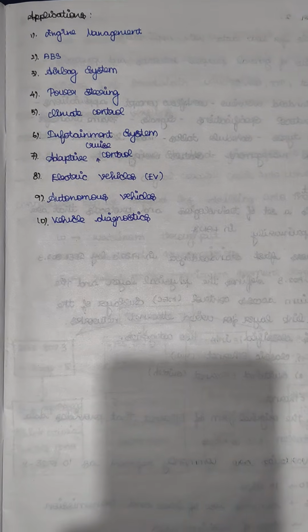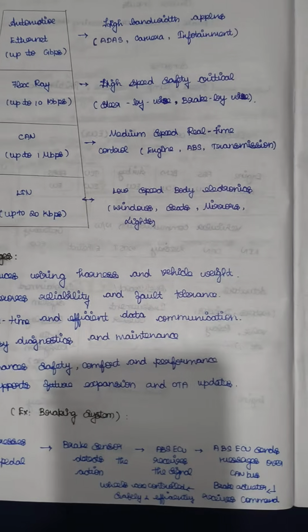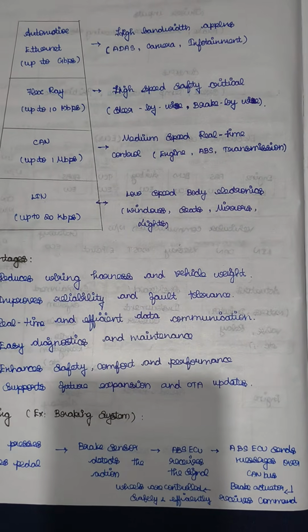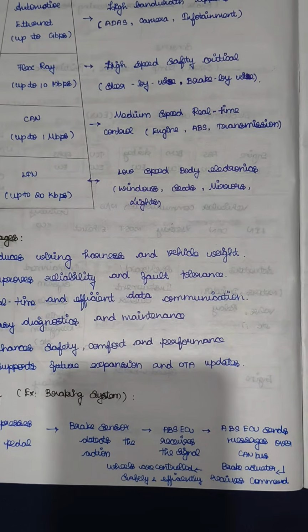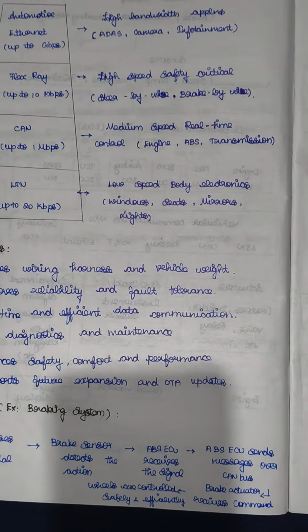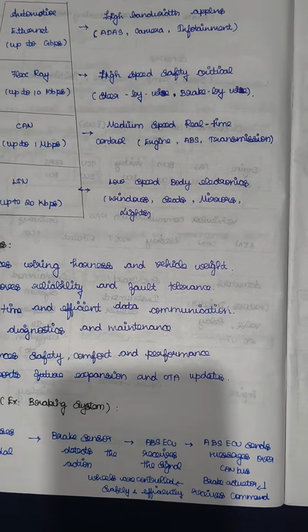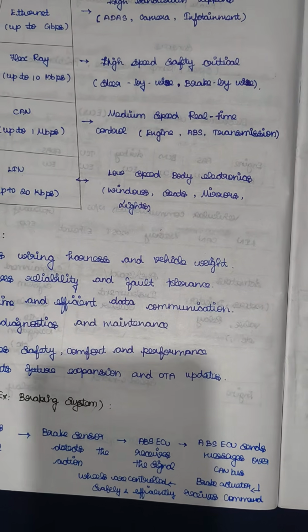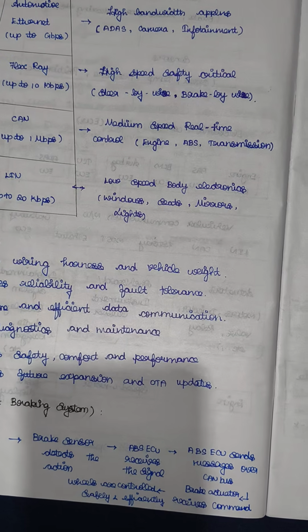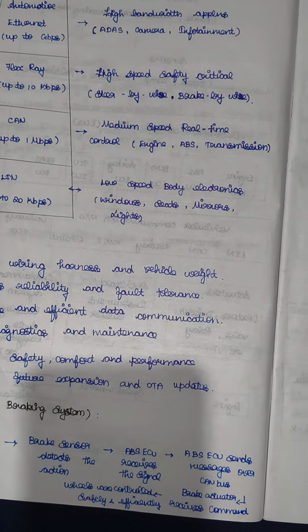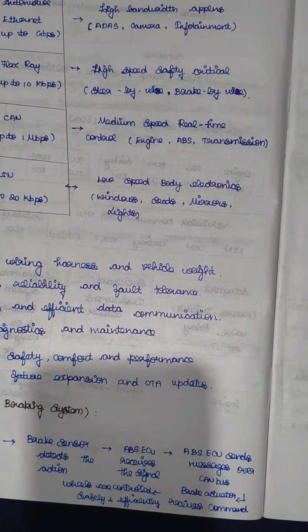After that, we studied the architecture and communication hierarchy that includes LIN, CAN, FlexRay, and Ethernet. Then we discussed one example with the braking system, and finally the applications. That's all about the vehicle network architecture. In the next video, we will discuss Ethernet, TCP, UDP, and IP, the general purpose networks and protocol suites.